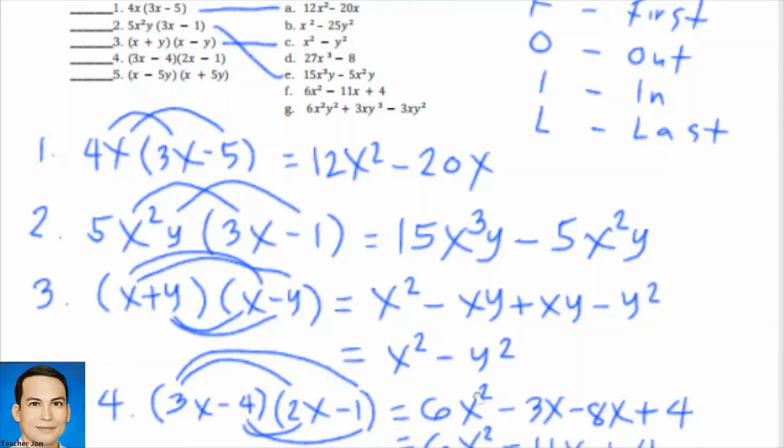So let's look at the image of this. So this is 6x squared minus 11x plus 4. So letter F, meaning number 4, corresponds to the letter F.